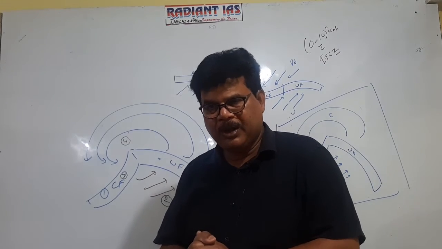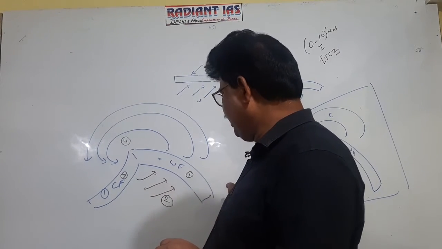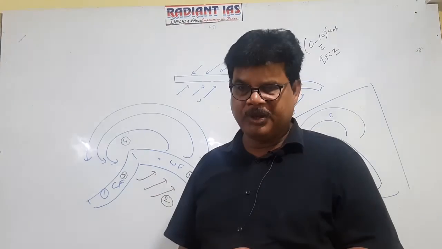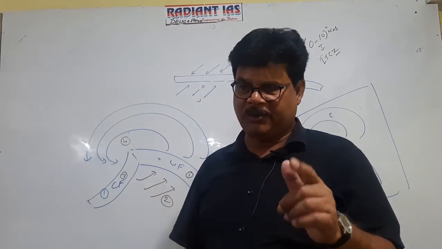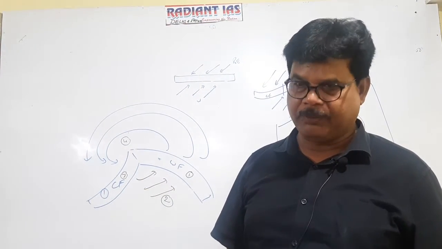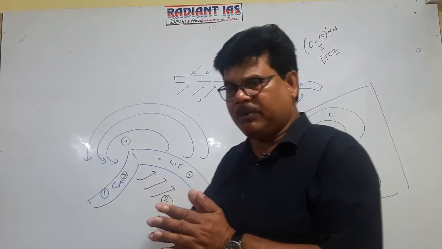And then A will come under the influence of the fourth, the cold sector. Then temperature will reduce, pressure will increase, and relative humidity will also increase.